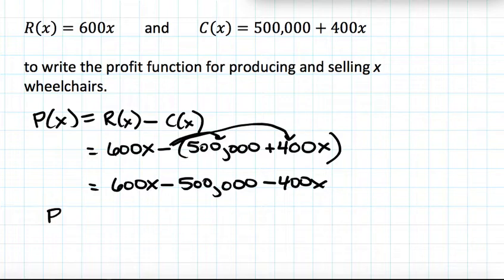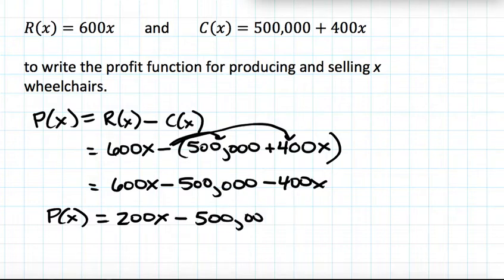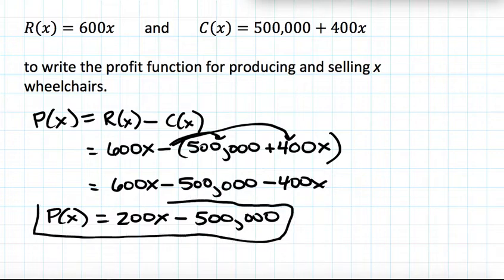Lastly, I'm going to combine these like terms. 600x minus 400x is 200x, and then minus 500,000. So this is my profit function. If I want to calculate the profit for a given number of products, I can just plug that in for x. Remember, x is the number of units that are produced and sold.